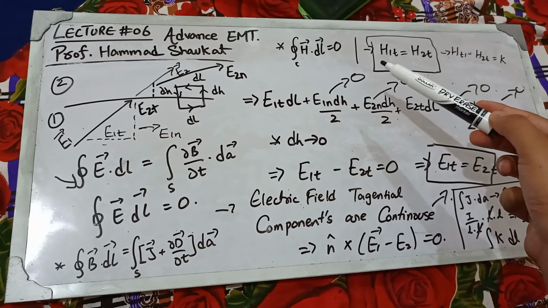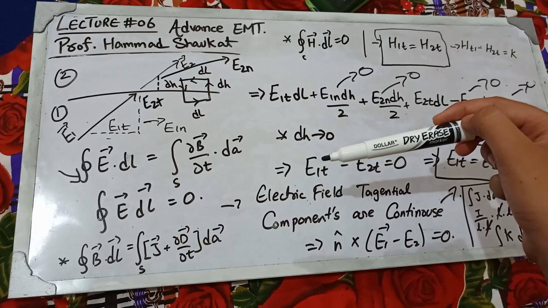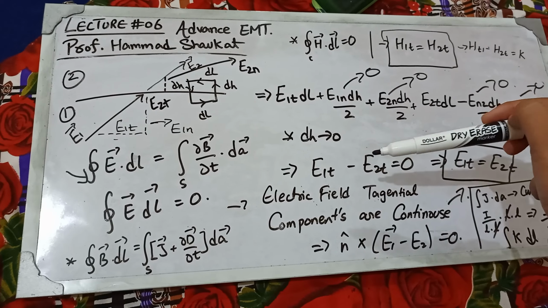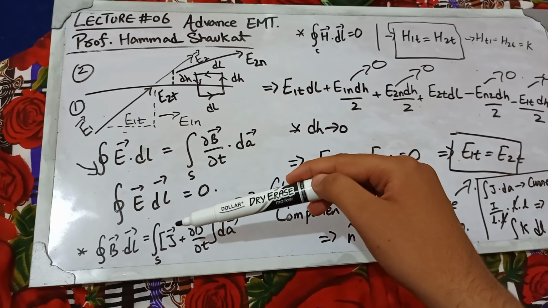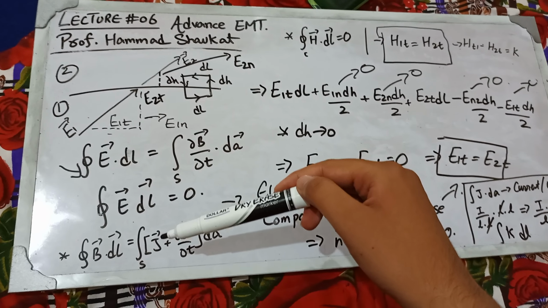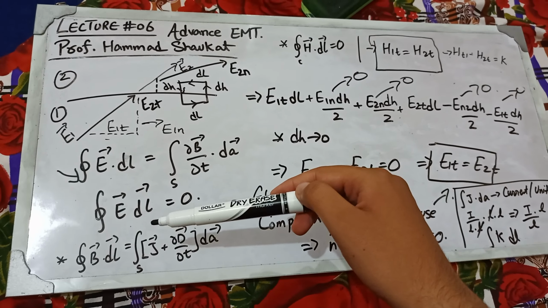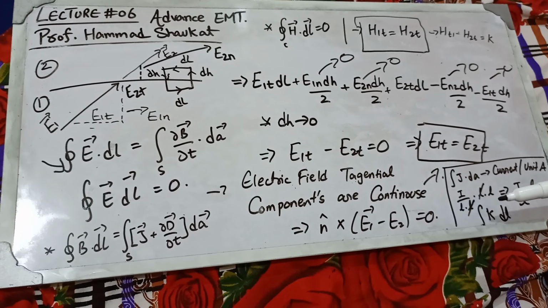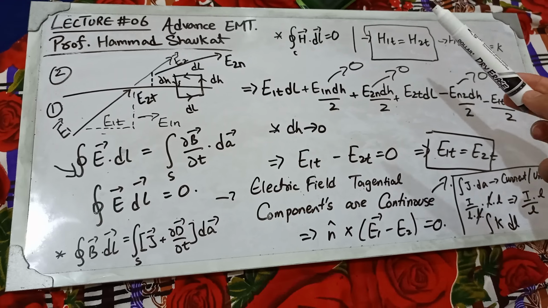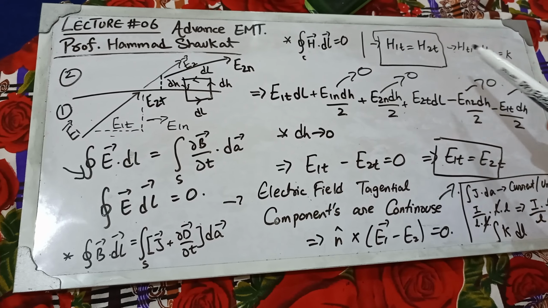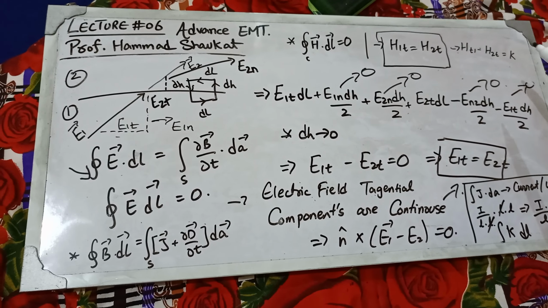Similarly, when you prove this, you will get H1t minus H2t equals 0. But in the specific case which I showed you here, if you want to find your current per unit length, which is K, then your H1t minus H2t does not equal 0; it equals K.